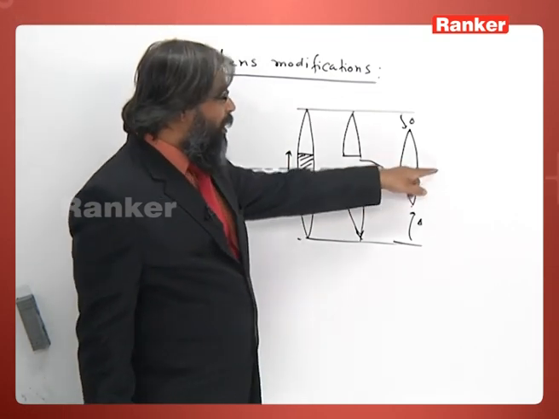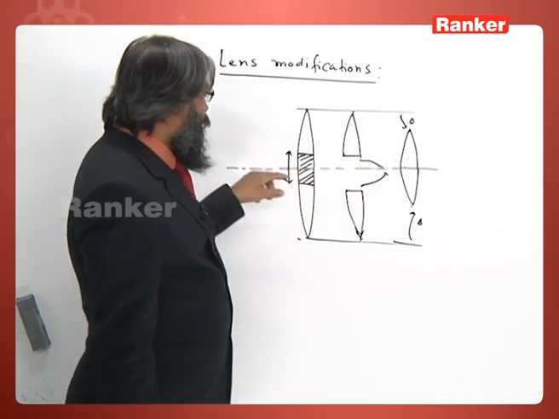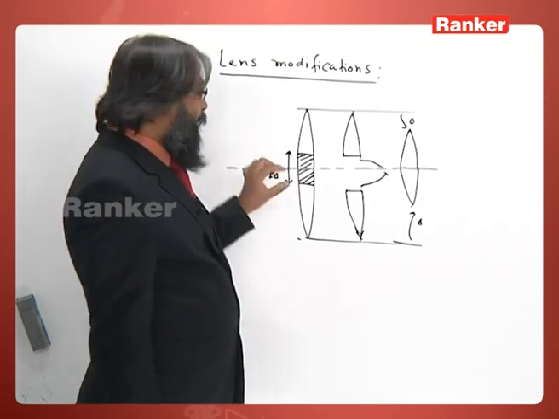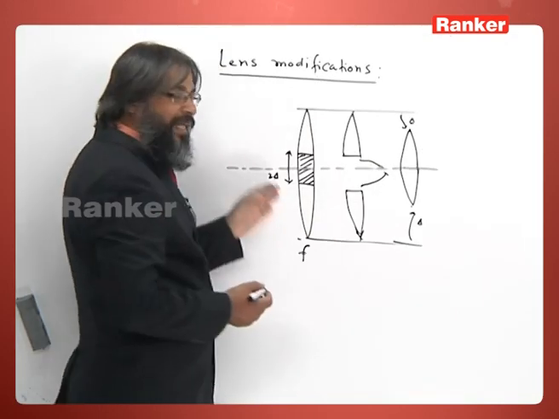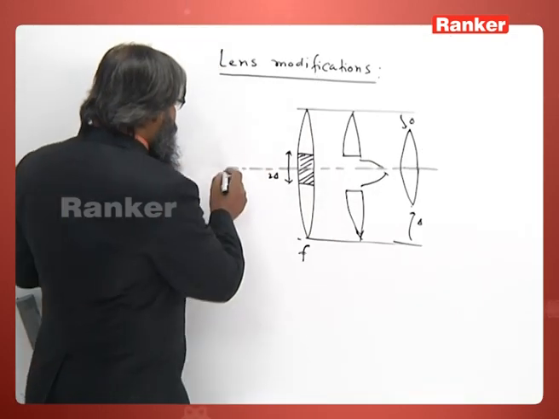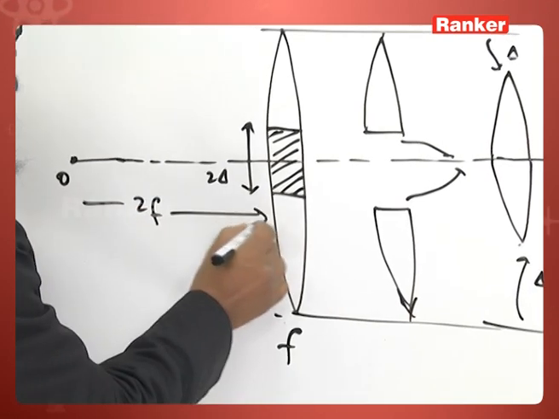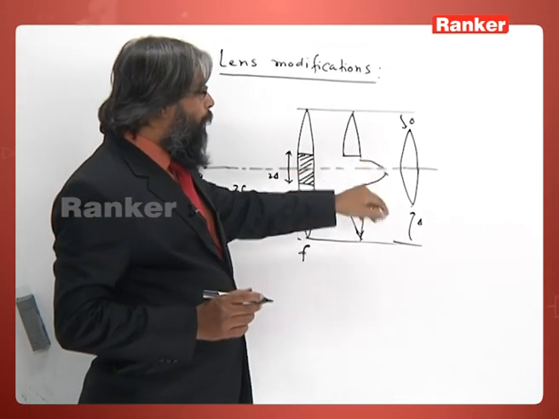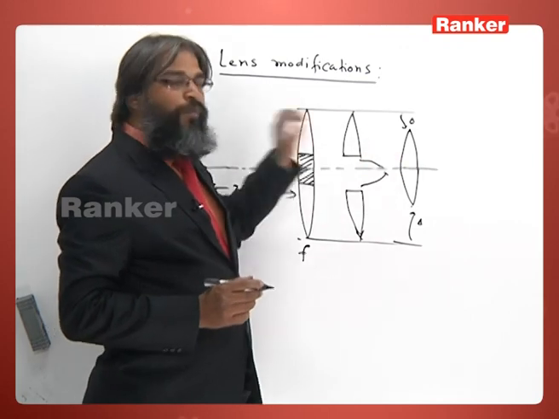You see, this is not the optical axis of the lenses. So let us see, if an object is placed at a distance of 2f, where f is the focal length of this lens, and I have a point object initially at a distance 2f, how is the image formed by this composite lens? This is a modified lens.